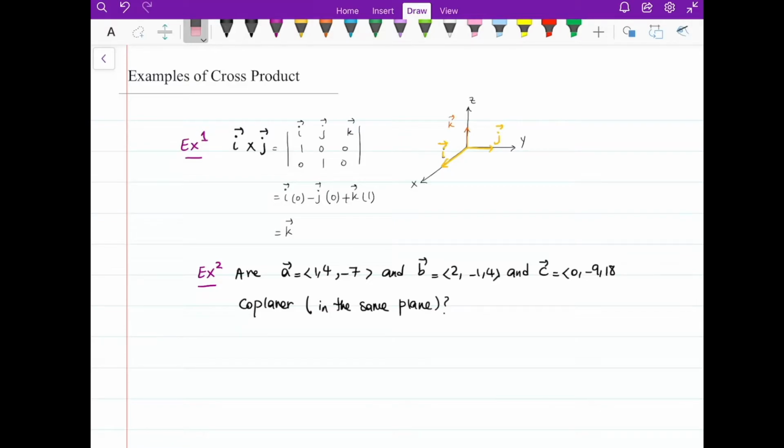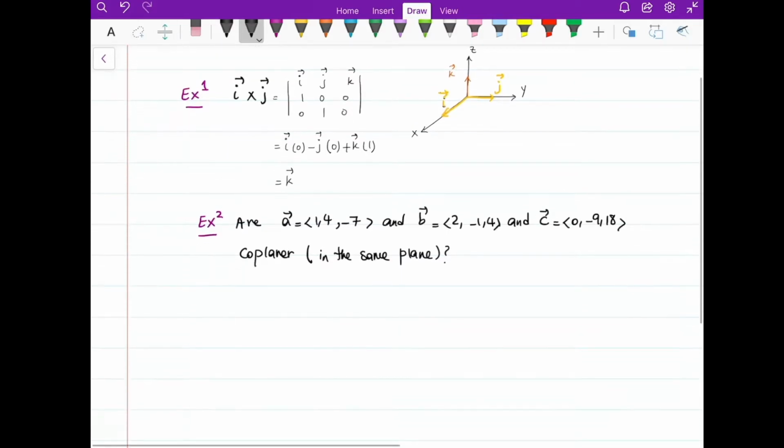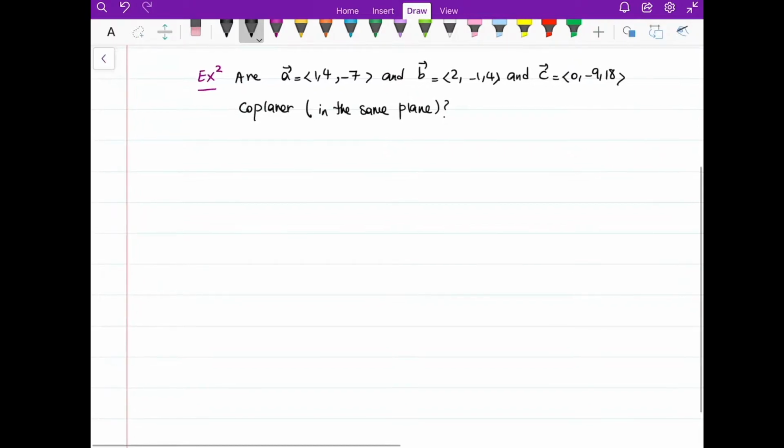How can we check? We have 3 vectors, and for them to be on the same plane, it means that they don't make a parallelepiped. Let me draw a parallelepiped like this.